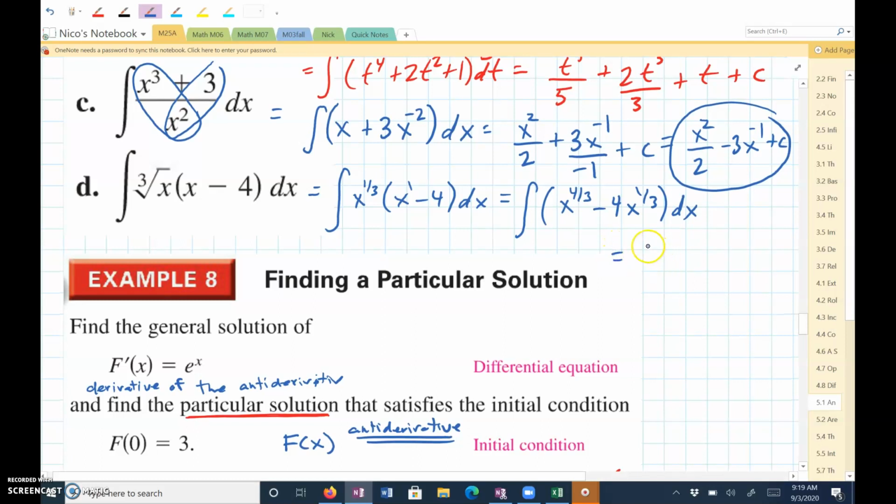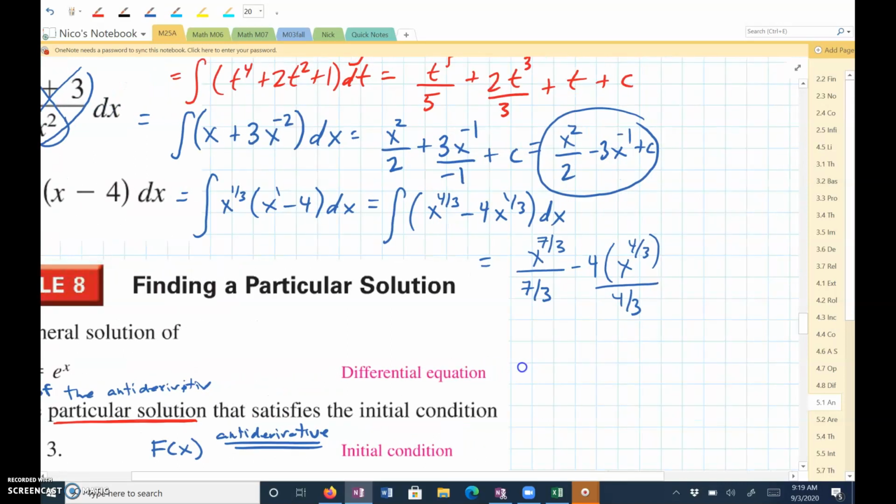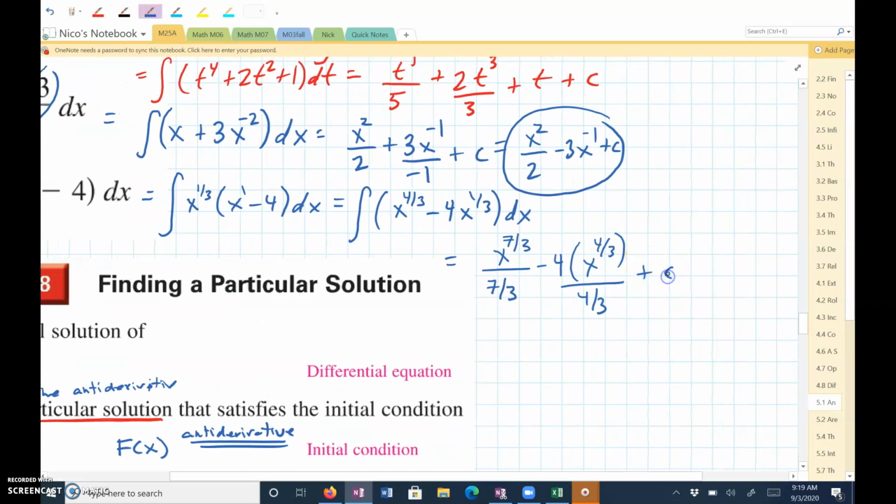Take the antiderivative. If I add 1 to 4/3, that's going to be x to the 7/3, all divided by 7/3, minus 4 times x to the 4/3 divided by 4/3 plus c.